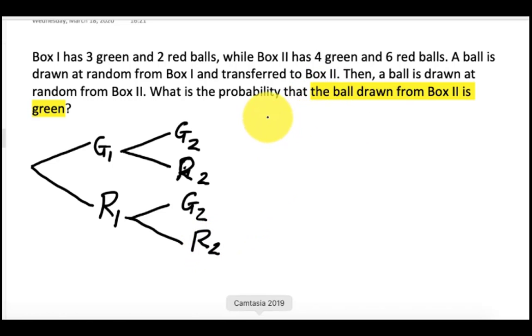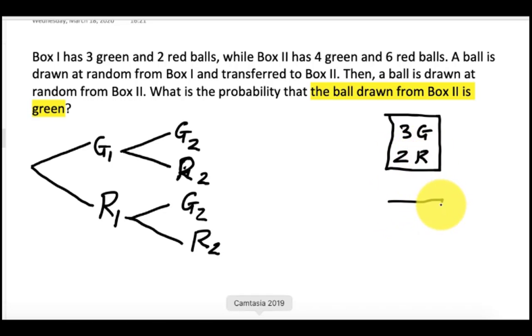Now, at the beginning, in box 1, you have 3 green and 2 red. In box 2, there are 4 green balls and 6 red balls.